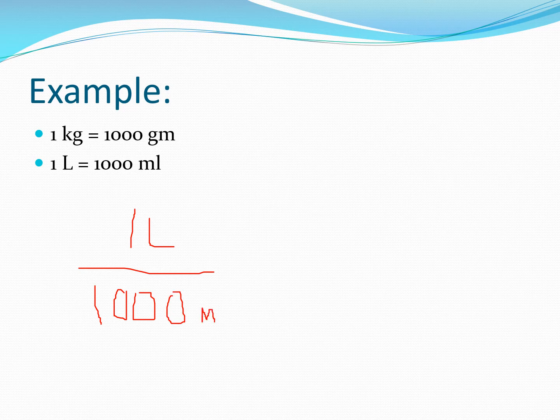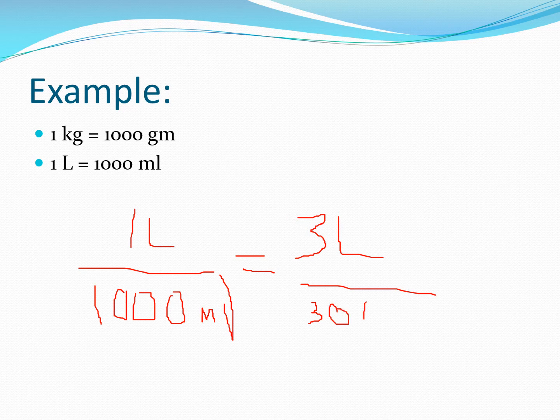Mils are a smaller unit, and we want to know how many milliliters would be in 3 liters. That would be 3,000 mils. So we just cross multiply again. You have your units right across from each other, liters to liters and mils to mils. So this would give us 3,000 mils. I think this kind of conversion stuff is pretty straightforward.